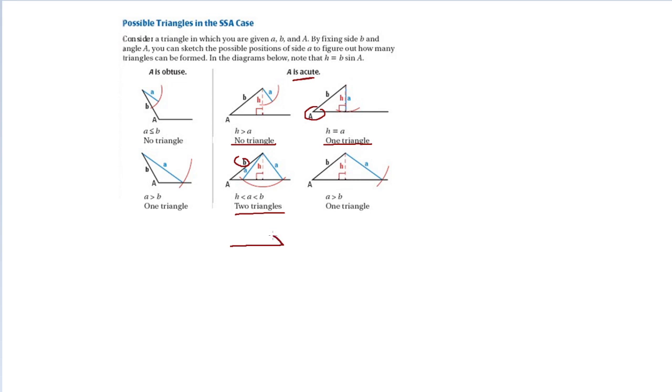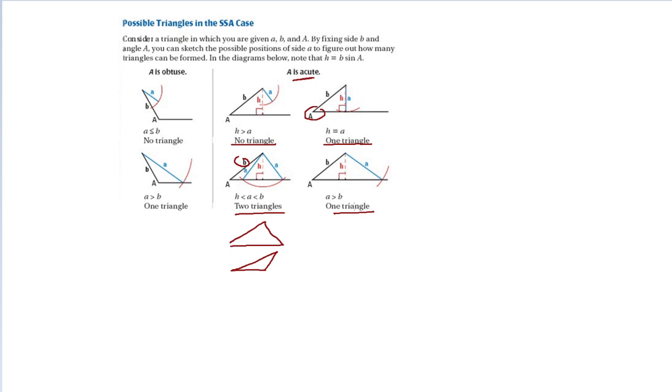One that looks like this, and one that looks like this. So we would have to consider solving for both of them. If the angle is acute and the opposite side is more than b, then we have one triangle.